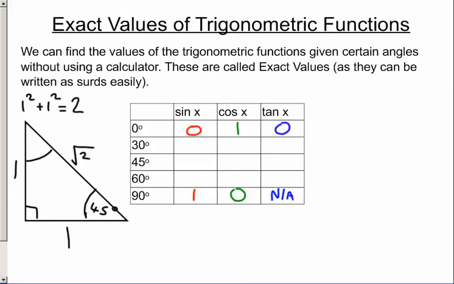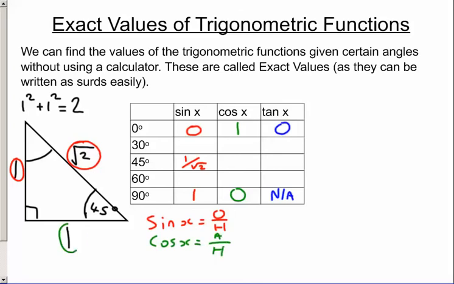So sine of 45, well, sine is equal to the opposite over the hypotenuse. So in this case, it's 1 over root 2. So sine of 45 is 1 over root 2. Cos is equal to the adjacent over the hypotenuse.